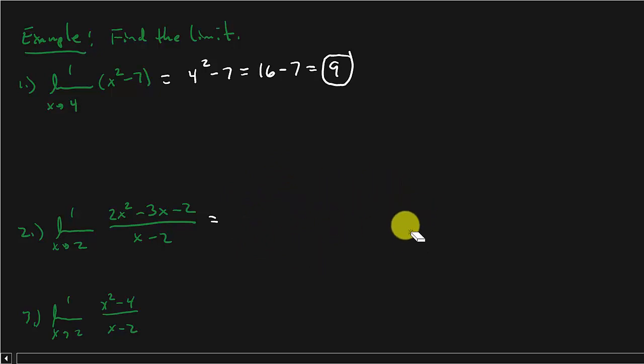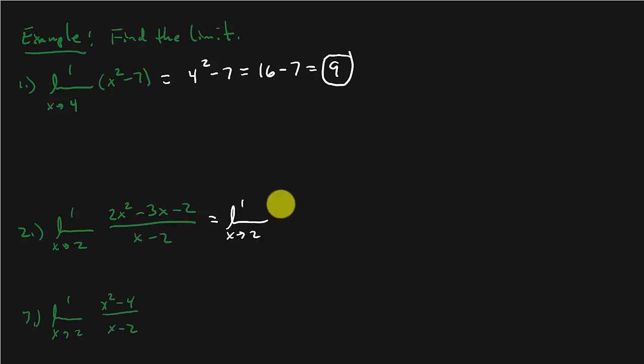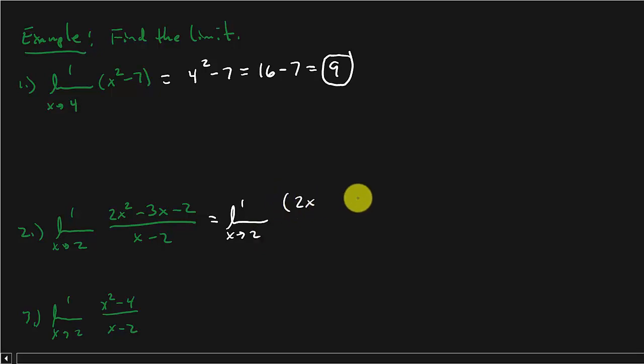So this is the limit as x goes to 2. Now, let's look at that numerator. Will that numerator factor? Do you remember how to factor? That's 2x plus 1 times x minus 2, over x minus 2.